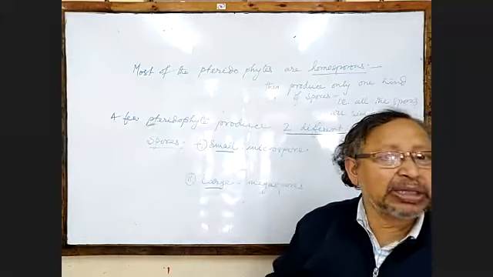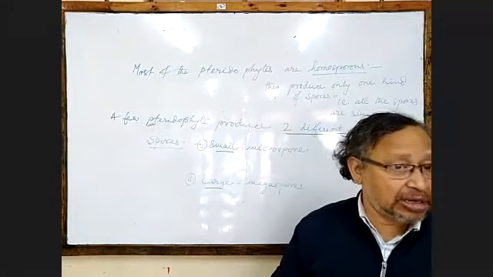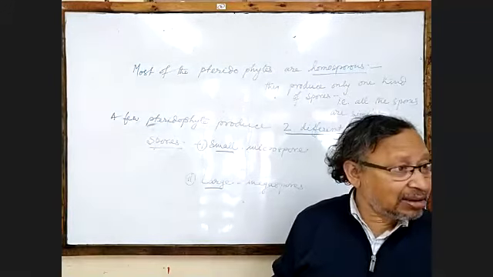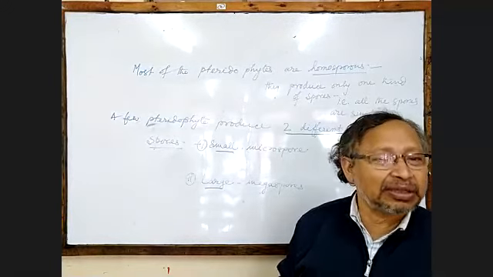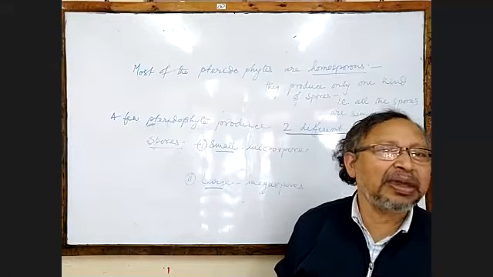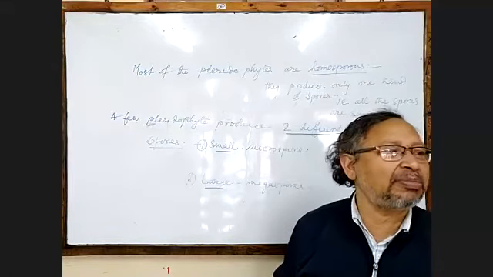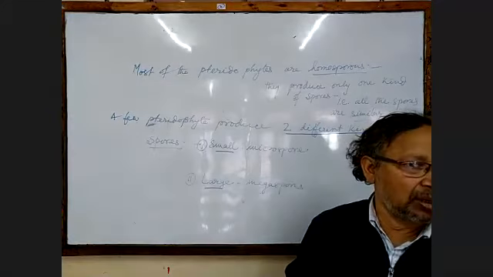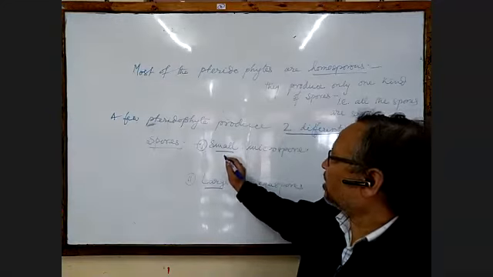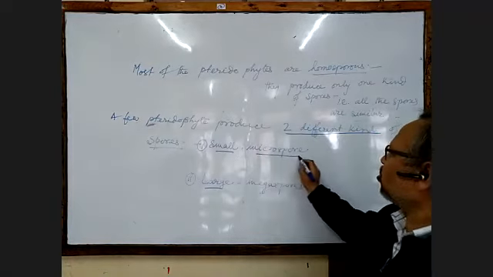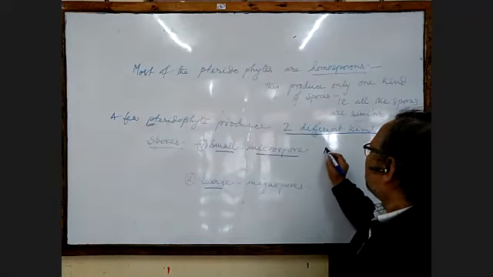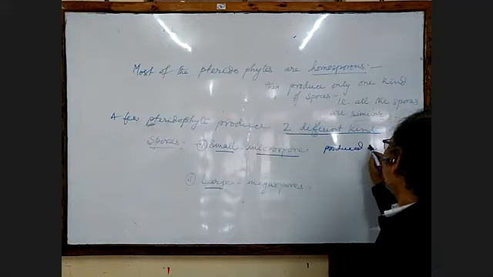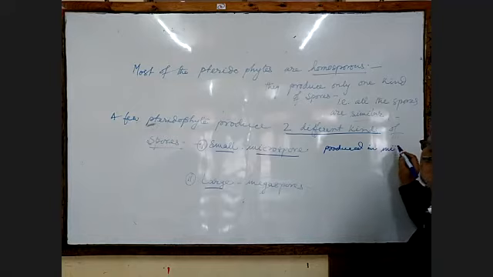The small ones are produced in large quantity, but the large ones are produced in small quantity. Maybe in one sporangium, 3 to 4 megaspores. So, like that, the microspores are produced in microsporangium.